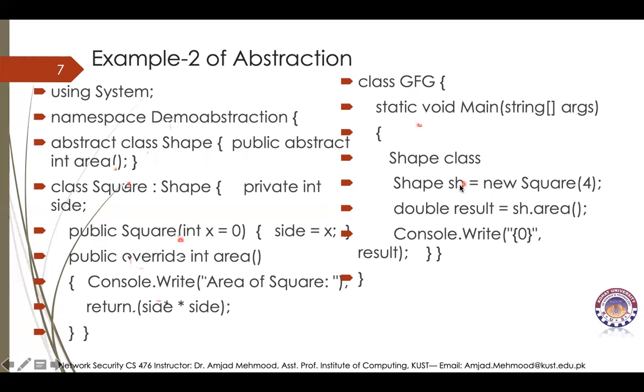Then you have the main method, and here you can see that we are assigning the object of square to the shape data type. As you know, you can use shape as a type, but you cannot make an object of that class, because this class is abstract.